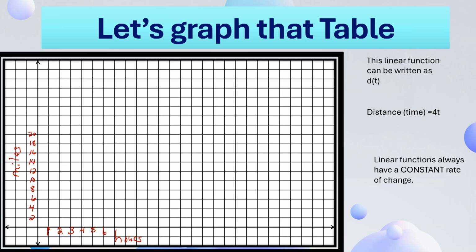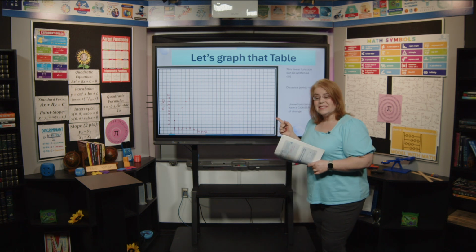So I've got 1 hour, 4 miles; 2 hours, 8; 3 hours, 12; 4 hours, 16. Then what do you think it would be for my 5th hour? Let me say 18. Let's just try that. Now, Ms. Killen, are you sure? I don't know. Let's see.